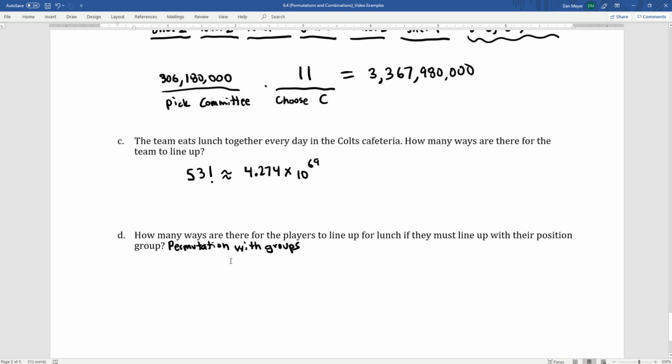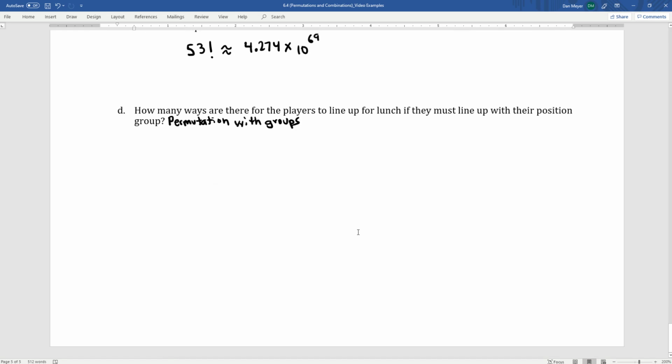Okay, so this is going to end up being a 7-stage multiplication principle. We're going to arrange the groups. Maybe the kickers, the special teams, are in first, or maybe they're at the end of the line, or maybe they're somewhere in the middle.